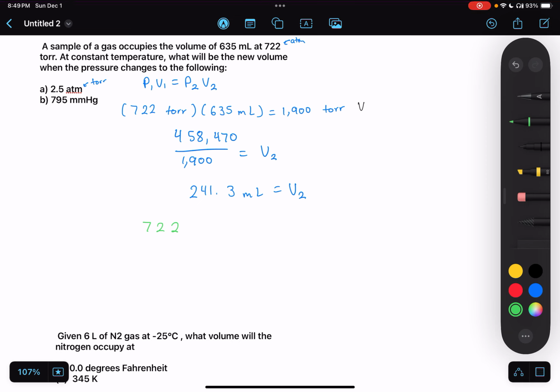Let's try to use atmospheres. Thing is, 760 millimeters of mercury is equal to 1 atmosphere.